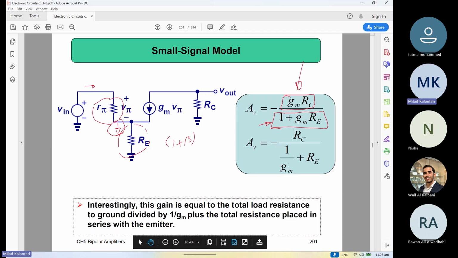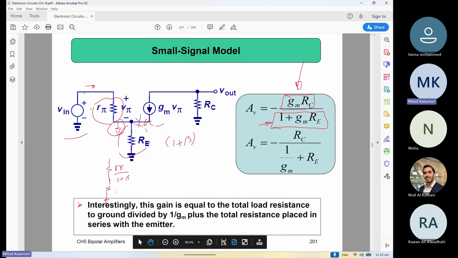In fact, you can just skip this part of the circuit and try to move the whole thing from the emitter perspective, right? If you move everything to the emitter, what you have will be like this. You have the R pi, but it will be divided by 1 plus beta.